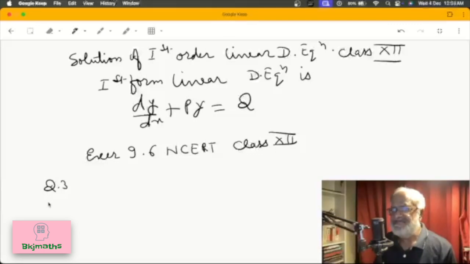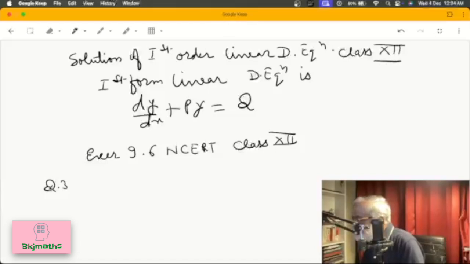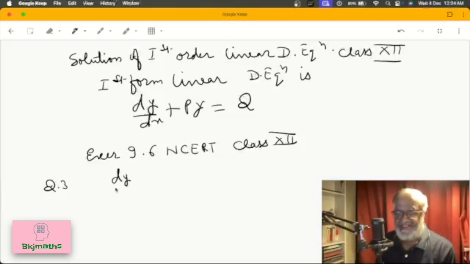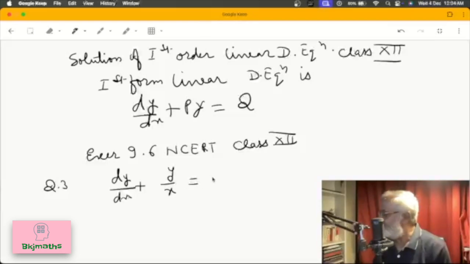Question number 3 is: find the solution of the differential equation dy by dx plus y upon x equals to x square.